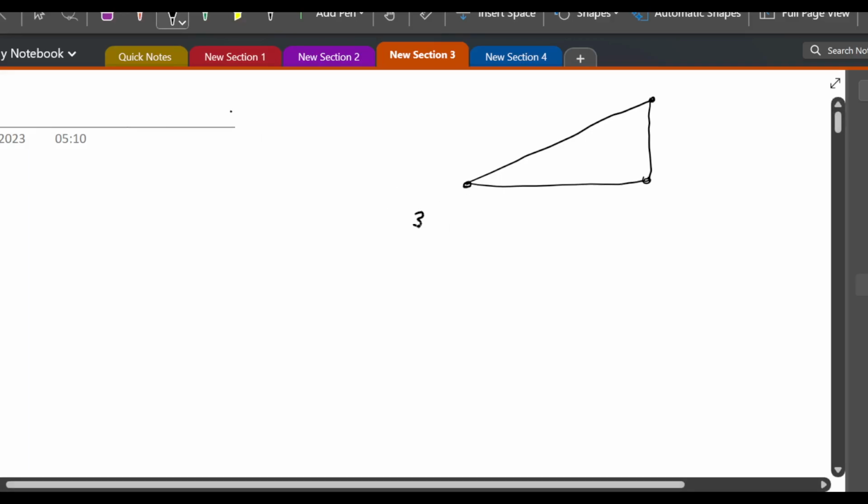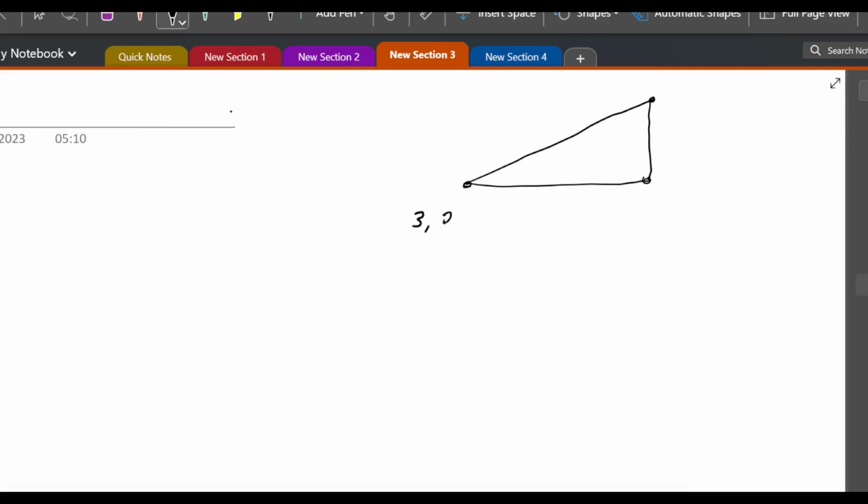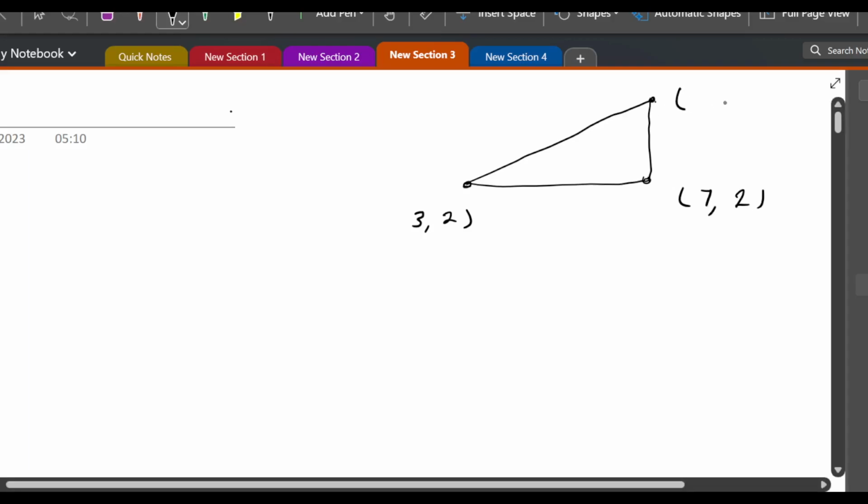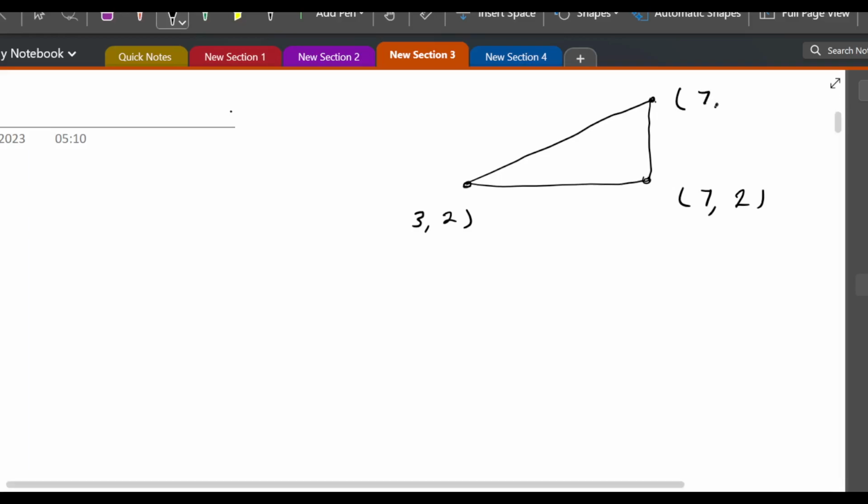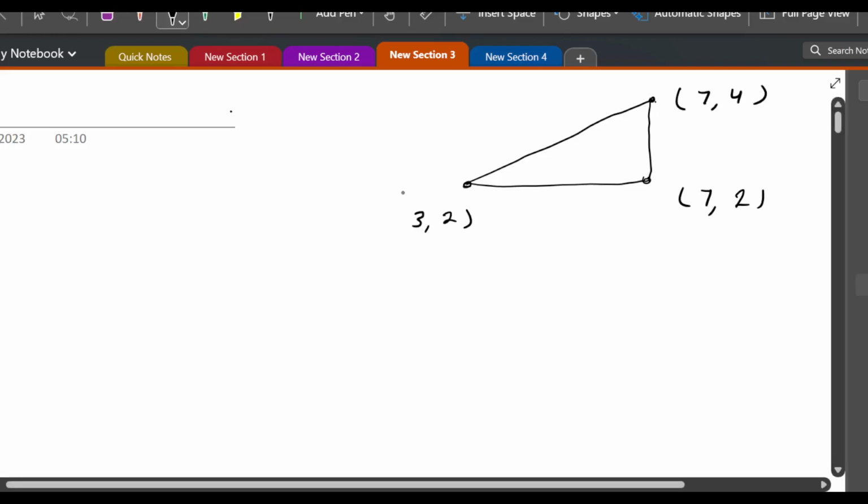This point is 3 comma 2. This point I assign as 7 comma 2, and this point I assign as 7 comma 4. This is point A, this is point B, and this is point C.